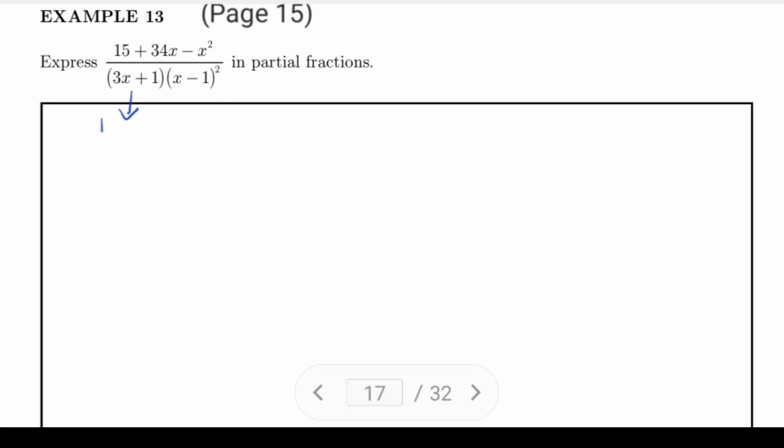3x plus 1 is a linear factor, while x minus 1 squared is not a quadratic factor, but it is a linear which is repeated twice. Hence, it is a repeated linear factor. So first, we have to express the fraction in general partial fractions.